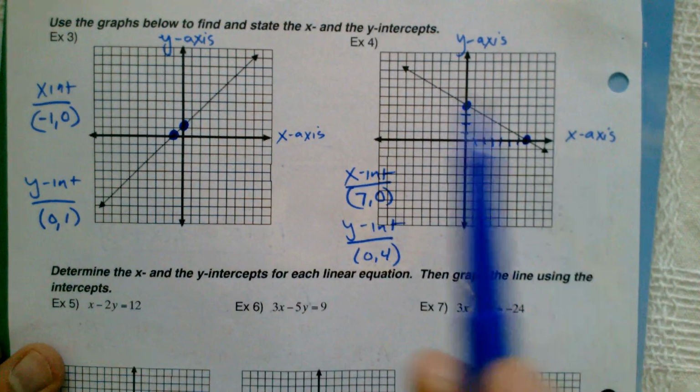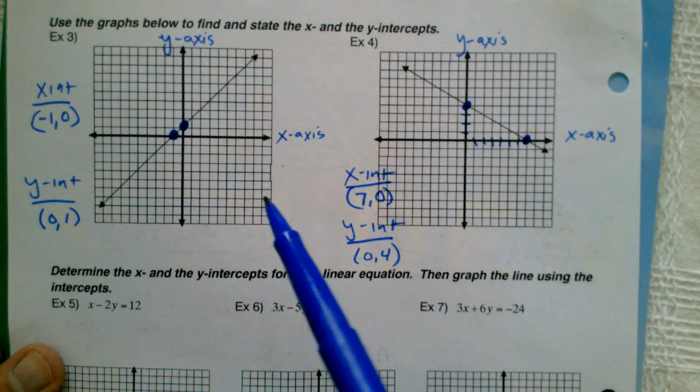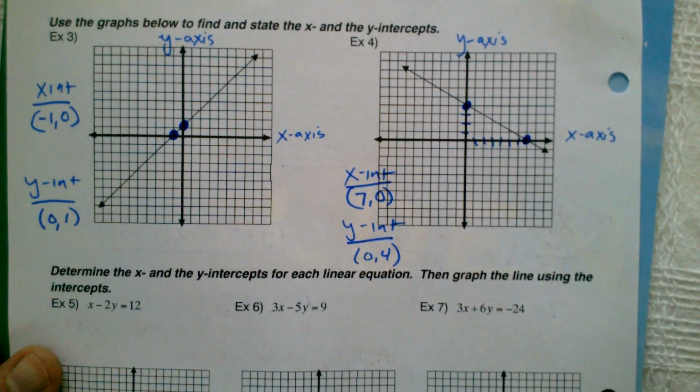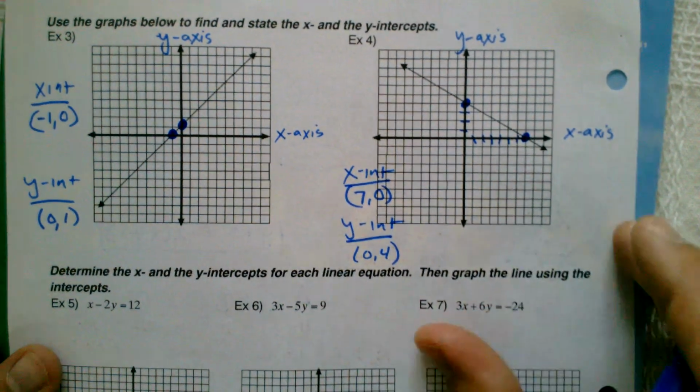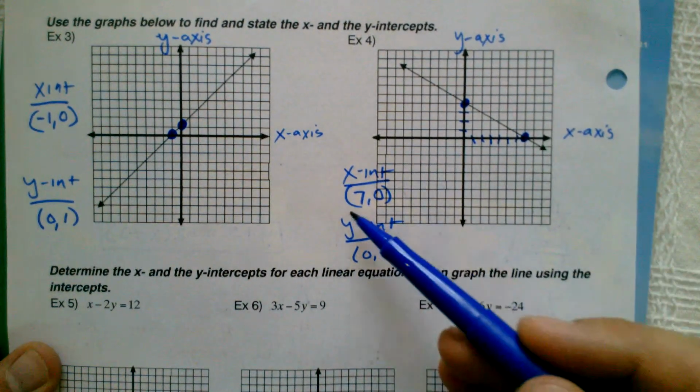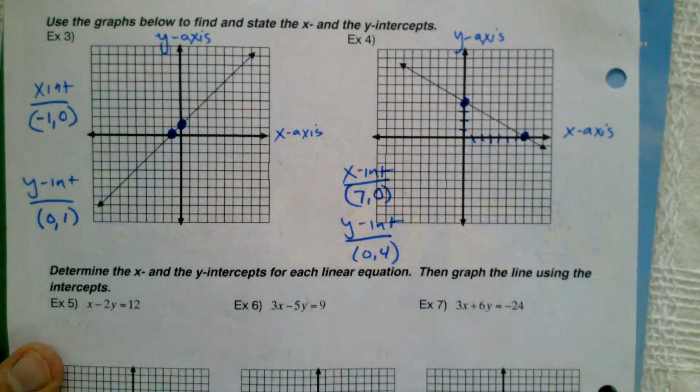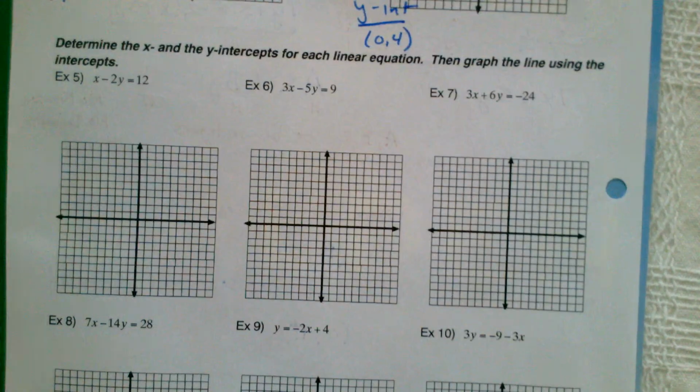After this, you should be able to look at a line and identify where it crosses the x-axis or the y-axis. These are your x-intercepts and y-intercepts. X-intercept is when y is 0, and y-intercept is when x is 0.